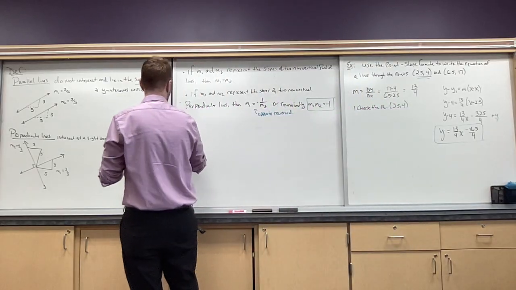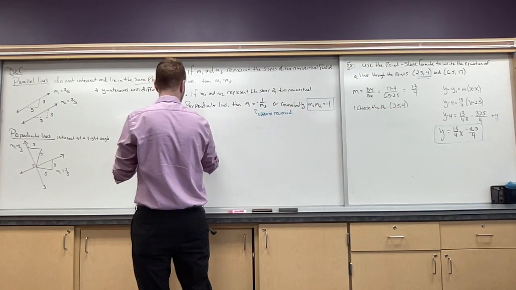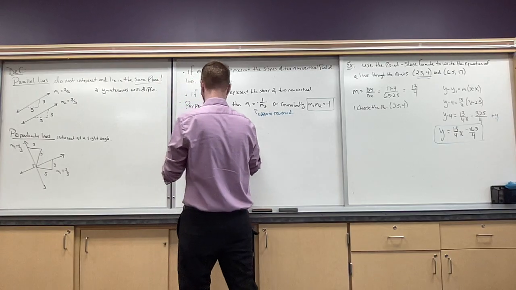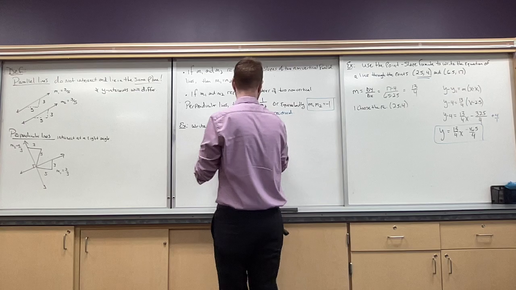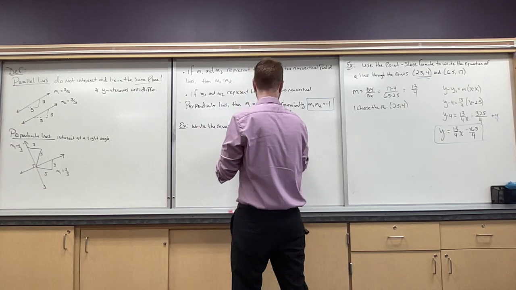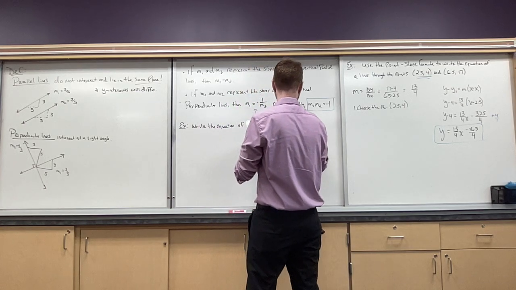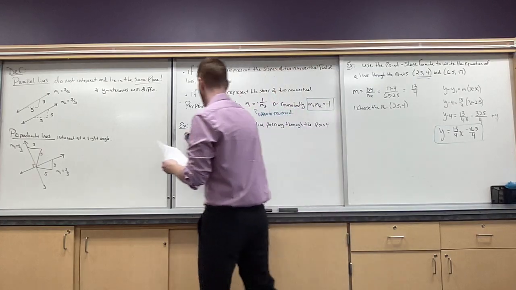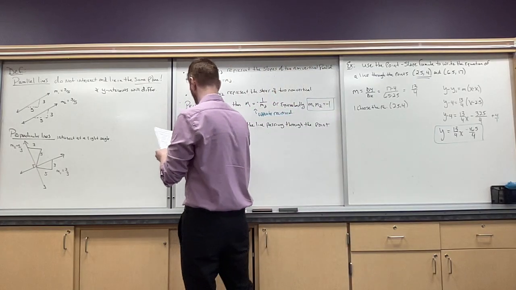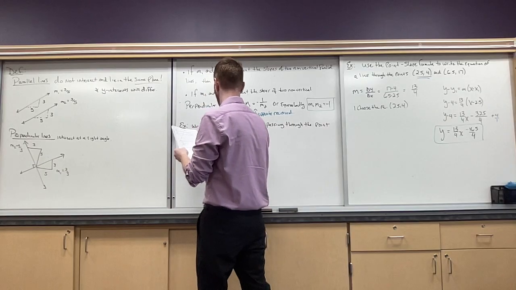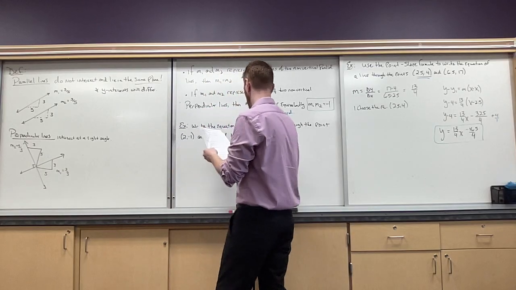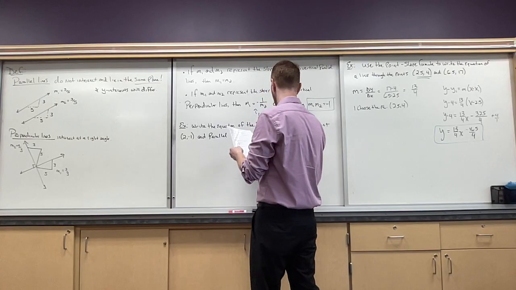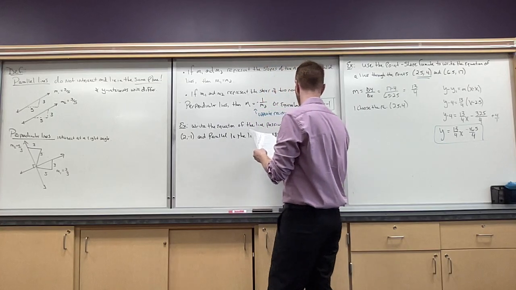All right, try an example. Write the equation of the line passing through the point (2, -1) and parallel to the line -2x plus 8y equals 13.